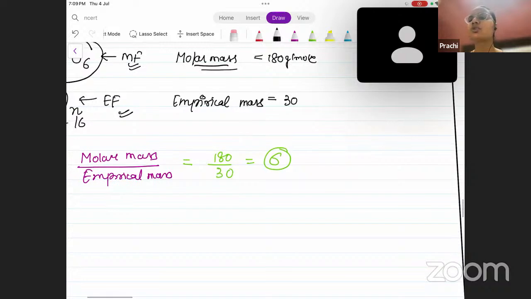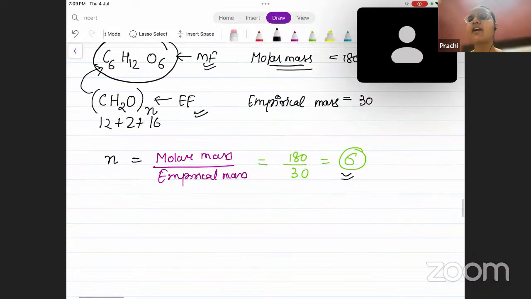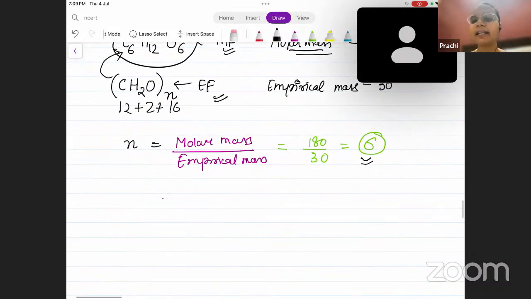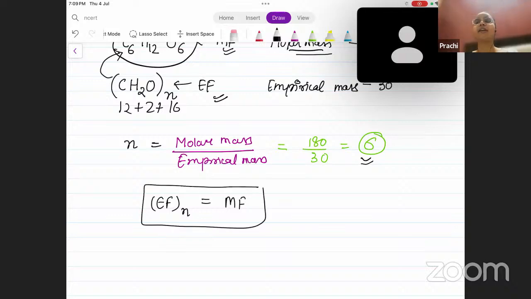Once you know the value of N, you multiply the empirical formula by this N, and that's how you will get the molecular formula. This is the process that you have to follow.